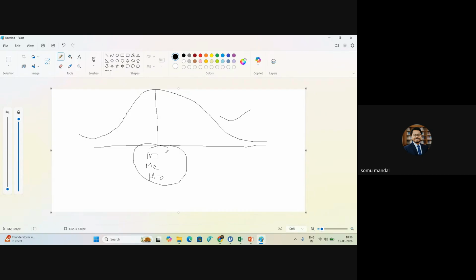Another is whether the data follow the assumptions or not, because if they follow the assumptions, then we only consider a particular analysis, otherwise not. Next comes a particular concept like the t-test and z-test.